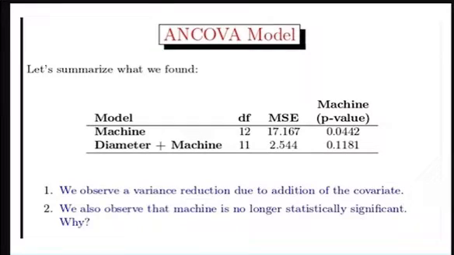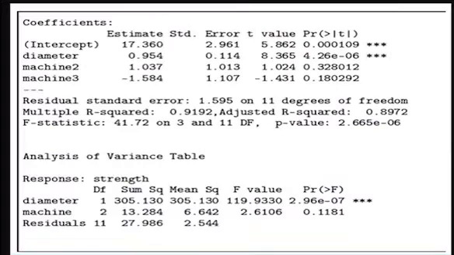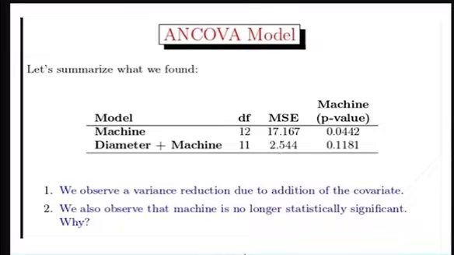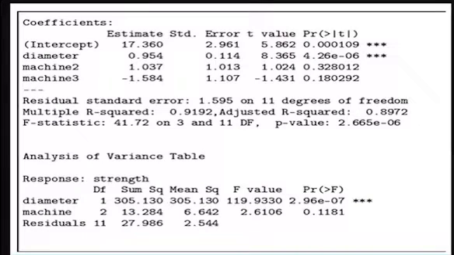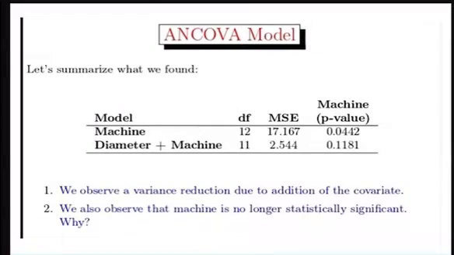Now, for those of you who don't know where I picked the mean-square error from, here you see 2.544. Where is the 2.544? Look at the mean-square error for residual in the ANCOVA result. Then where do I see 17.167?